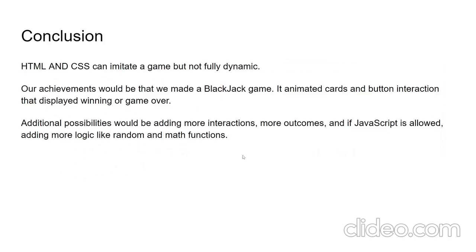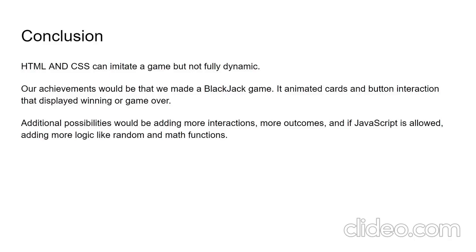So to conclude, HTML and CSS can in fact imitate a game, but it's not able to make it dynamic. Our achievement would be that we were able to make a functioning blackjack game that is able to properly replicate it using animated cards and button interactions, as well as having animated screens. But it's rigged.